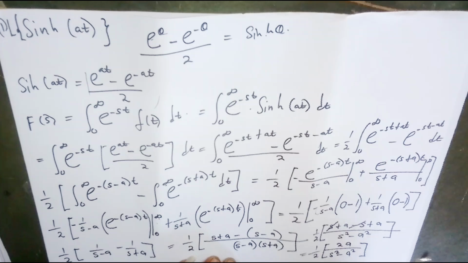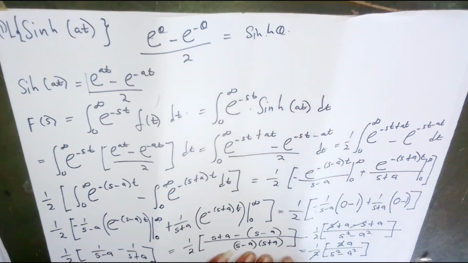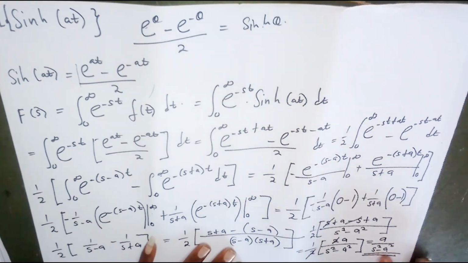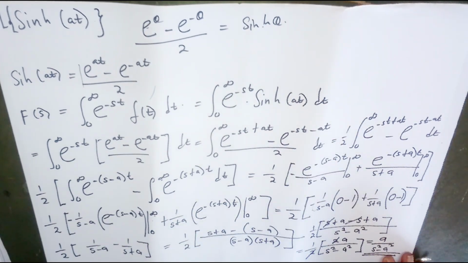Then the 2 cancels with the half, and our answer is left with a over s squared minus a squared. This is the Laplace transform of sine at.